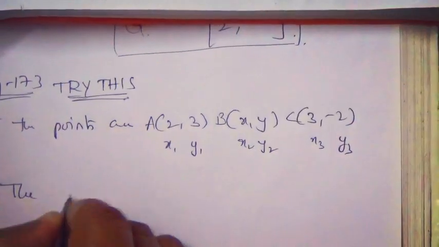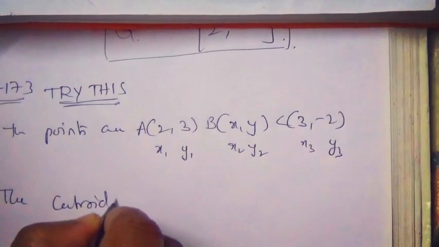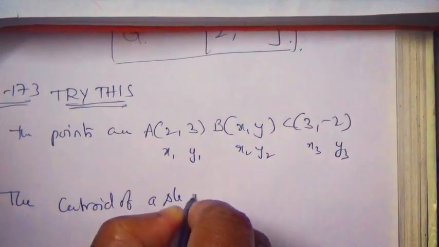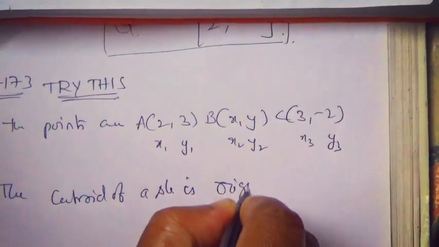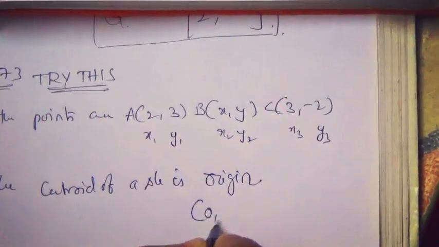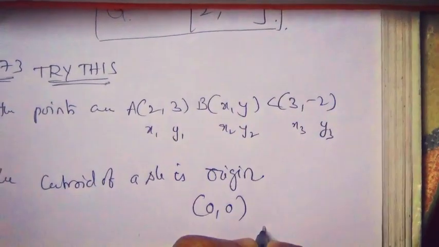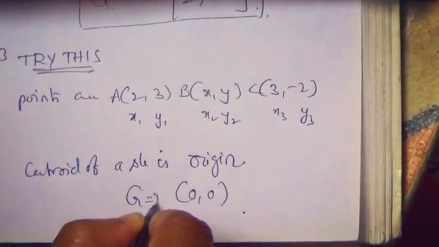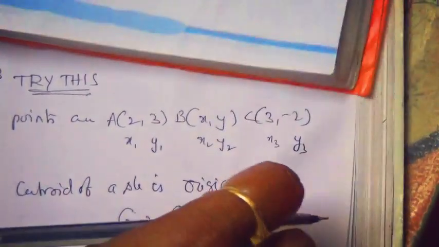The centroid of the triangle is the origin, that is 0 comma 0. Centroid G is equal to 0 comma 0. Hence we substitute in the formula.